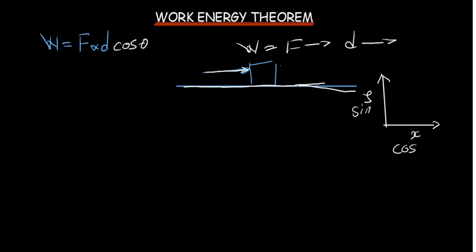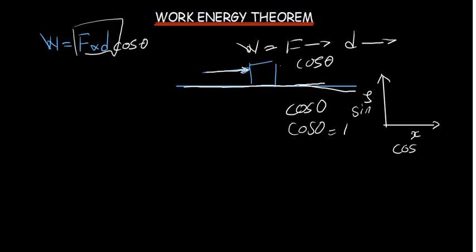So if we say cos theta, what's the angle here? These are going in the same direction, so the angle is 0. When you go to your calculator, cos 0 is the same as 1. So you are multiplying the force multiplied by the distance by 1. It still remains the same thing.